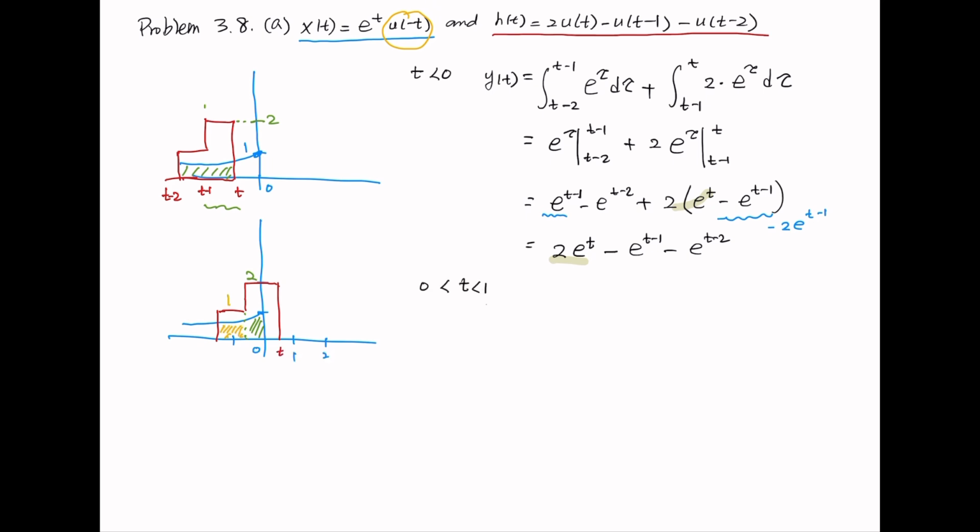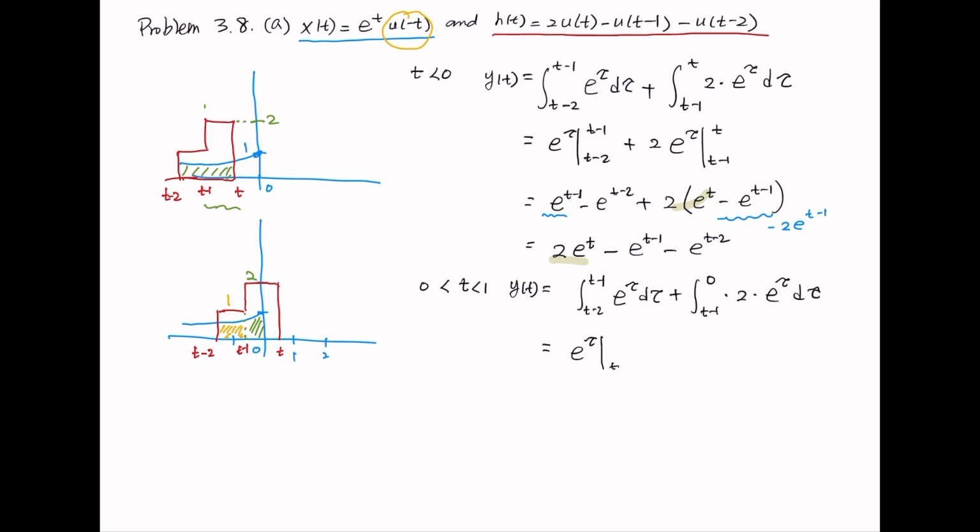If t is between 0 and 1, y(t) equals, with this being t-2 and this being t-1, going from t-2 to t-1 we have 1 times e^tau d tau, plus the integral from t-1 to 0, that is 2 times e^tau d tau.